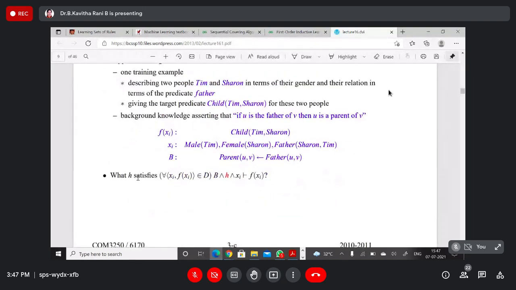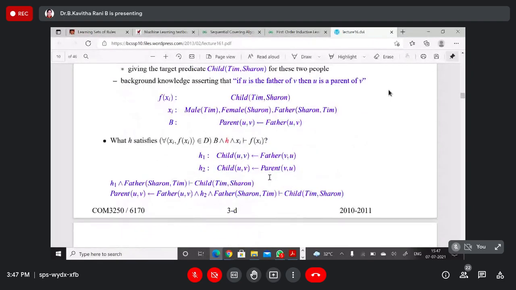Now, what H satisfies? So this is our formula. What is this? That can be written as H1, hypothesis 1. Hypothesis 1 is Child(U, V) is nothing but Father(V, U). Okay. Child(U, V) is nothing but Parent(V, U).